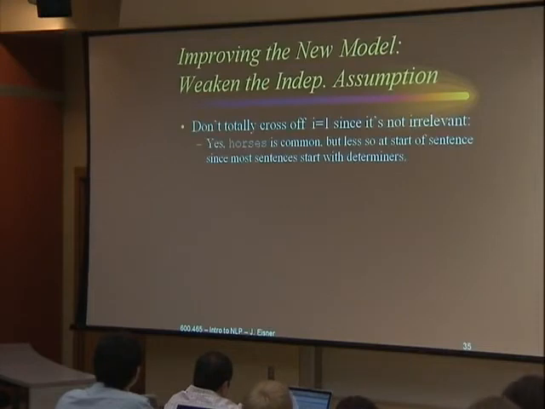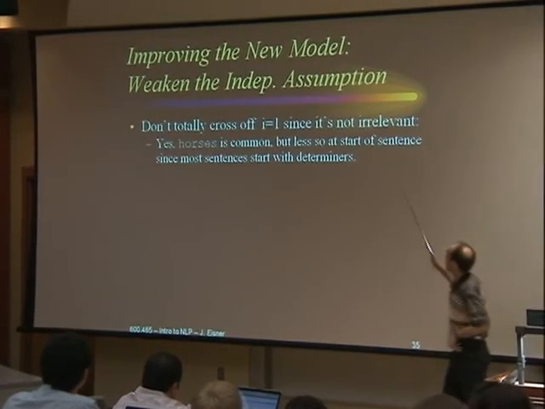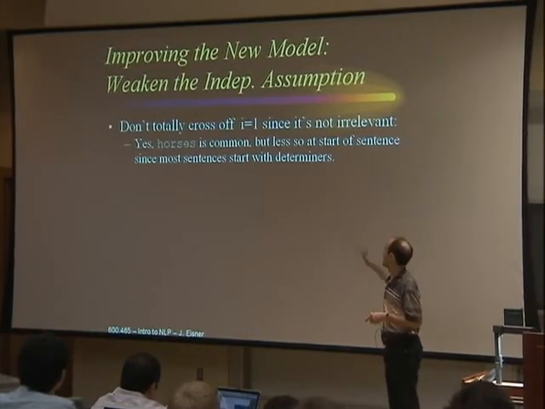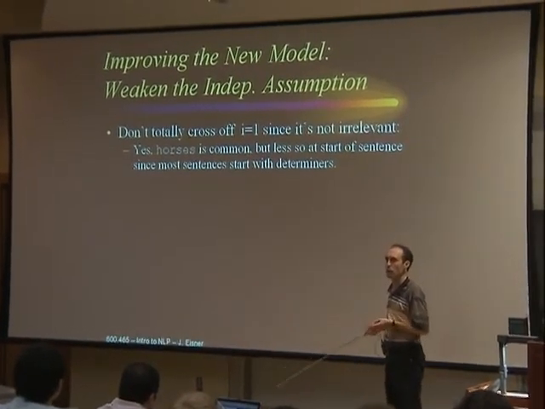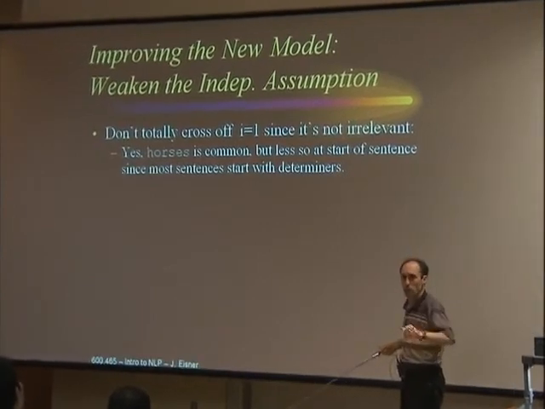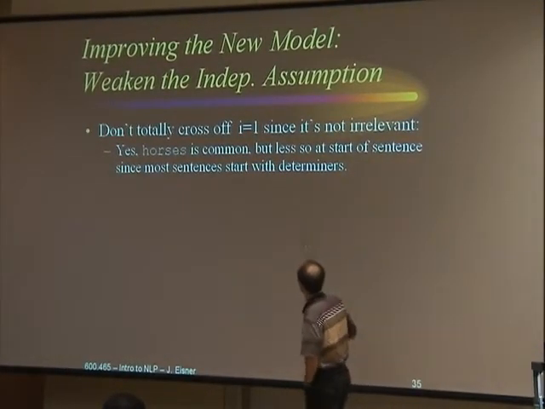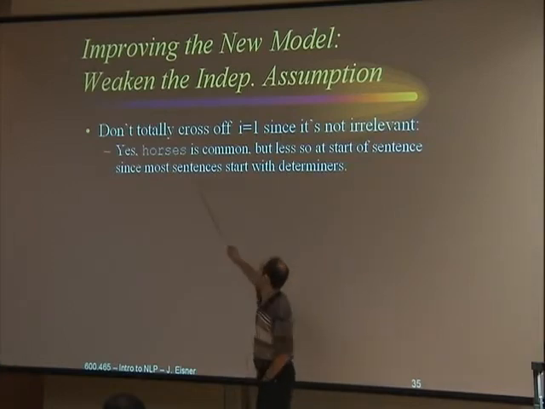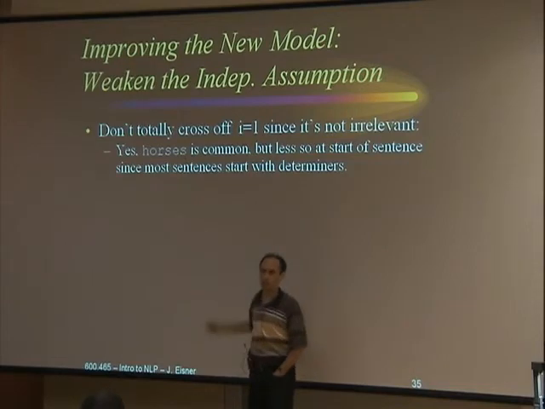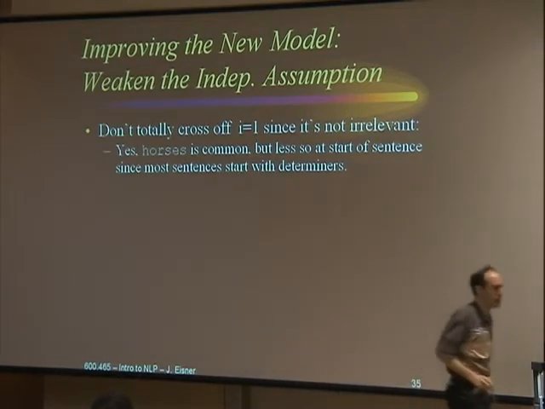Okay, i equal to 1 is not irrelevant because the first word of a sentence is usually a determiner, a word like a or the or every. Okay? Not always. Horses could show up at the beginning of a sentence. But it's just that horses is probably a plural noun, and we're less likely to start a sentence with a plural noun. So maybe we should care that i equals 1.